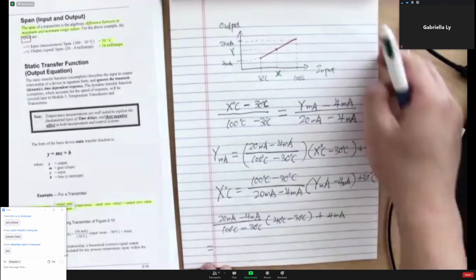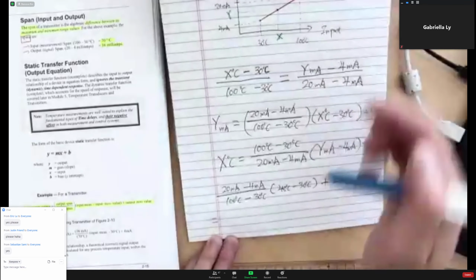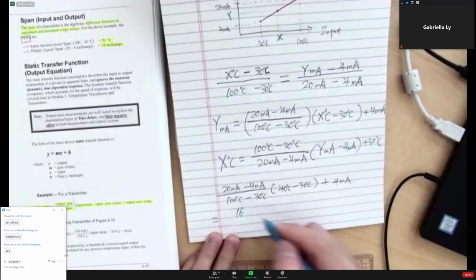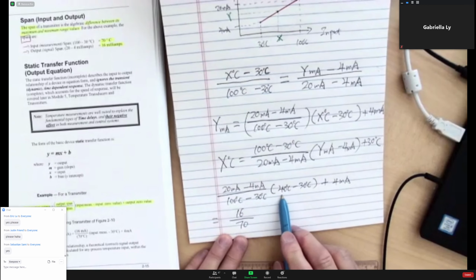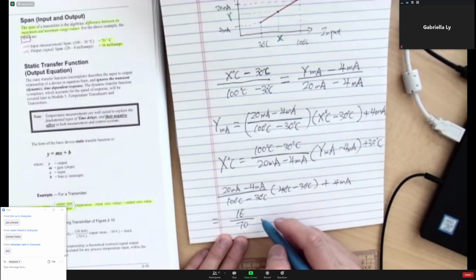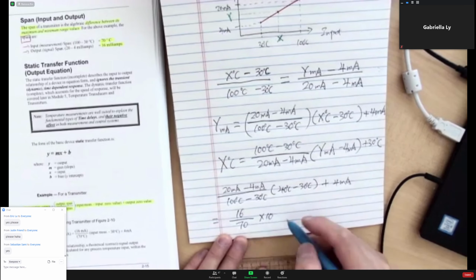That will give us, you guys still able to see it, right? The 16 on top, the 70 at the bottom, 40 subtract 30 gives us 10, plus 4.